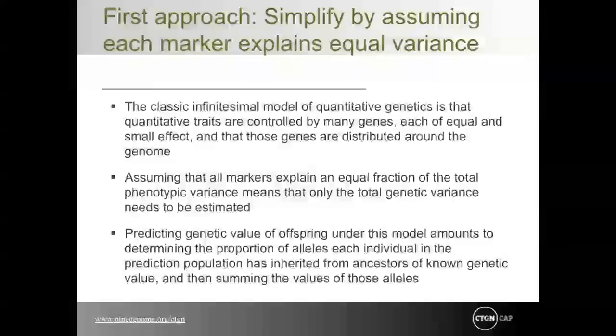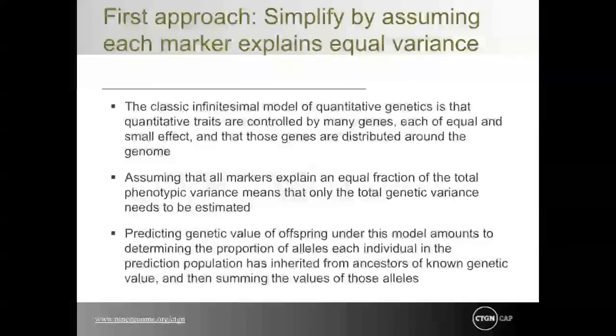One simplifying assumption that can be made is based on the traditional quantitative genetic model that continuously varying traits are under infinitesimal genetic control, that is, controlled by many loci, each with equally small effects. This assumption assigns each marker an equal proportion of the total genetic variance, so that instead of estimating as many variances as there are markers, a single value for the total genetic variance is estimated and then divided equally among all markers.